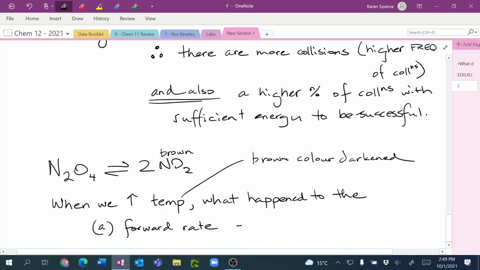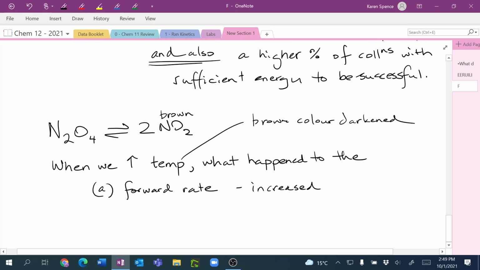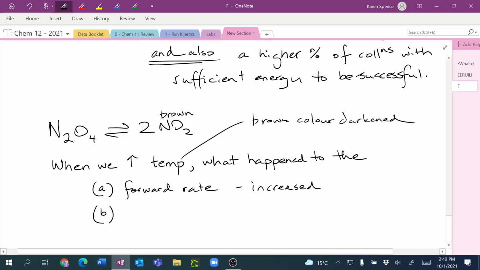Yes. Are we all good with that? Forward rate increased. When we increase the temperature, what happened to the reverse rate? So when I increased temperature, rate decreased. That's not right, is it?